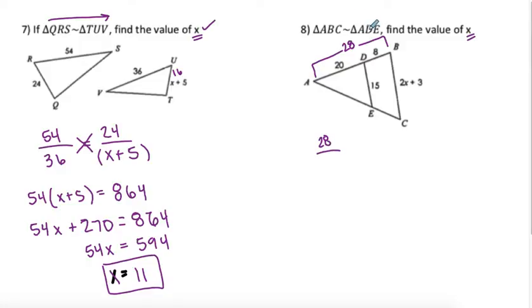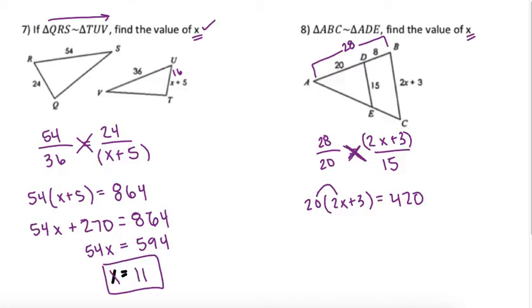28 goes with A to D. There's my A to D. That's the 20. And another triangle ABC, so I know this is 2x plus 3. So B to C here goes with D to E, 15. Group my parentheses together there and cross multiply. 20 times 2x plus 3 equals 28 times 15, 420.